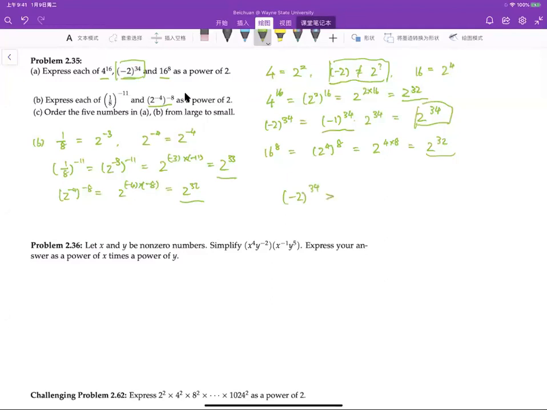Then what's the next? The next is 2 to the 33. Good, so 2 to the 33 is the next. Then the next one will be 1 over 8 to the negative 11. How about the next?